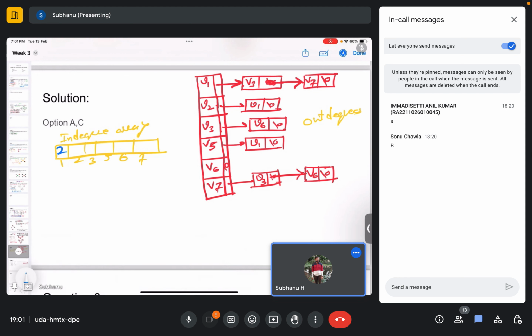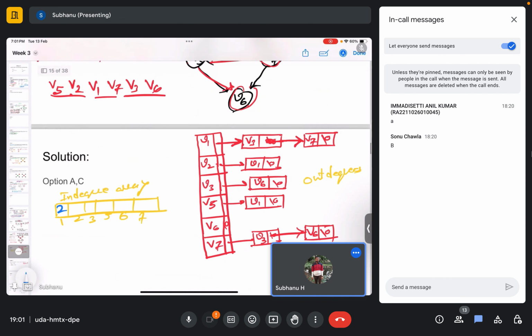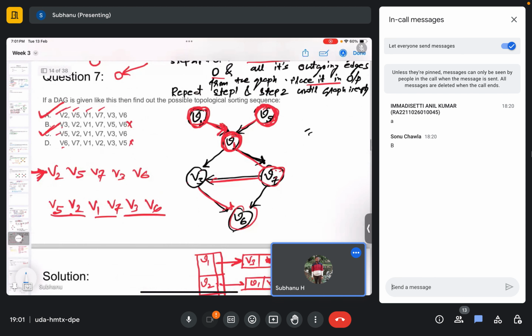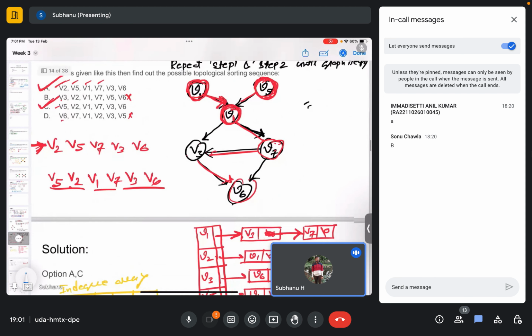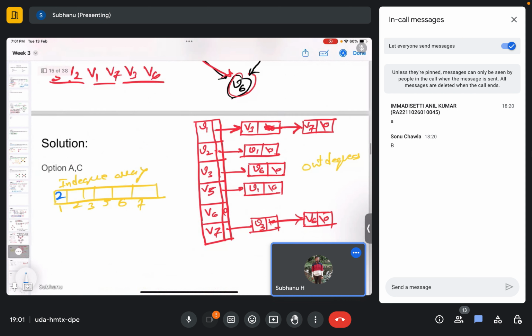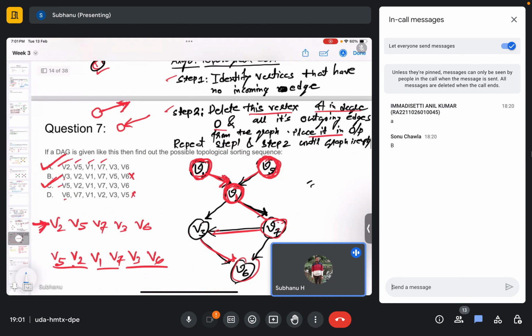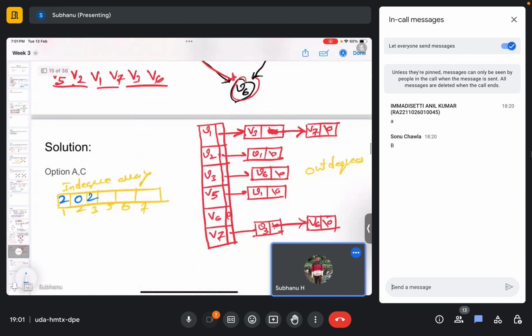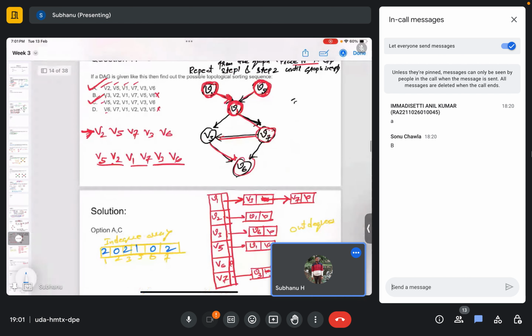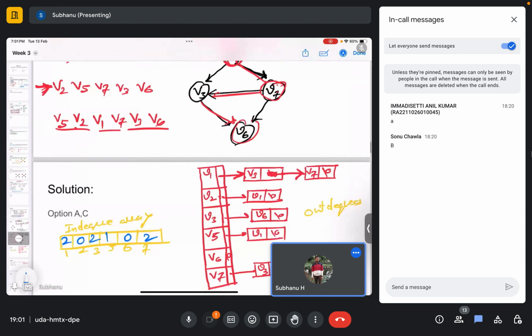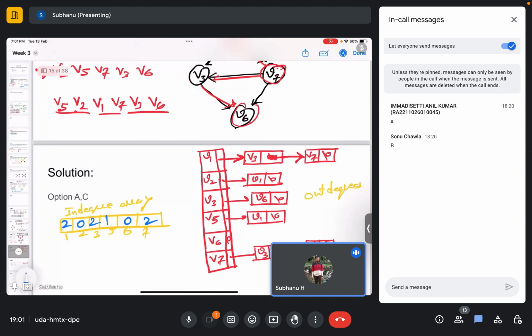For V2, how many in degrees are here? For V2, 0. For V3, there are 2 in degrees. 1, 0, 2. You can check from here. So this is how it is happening.